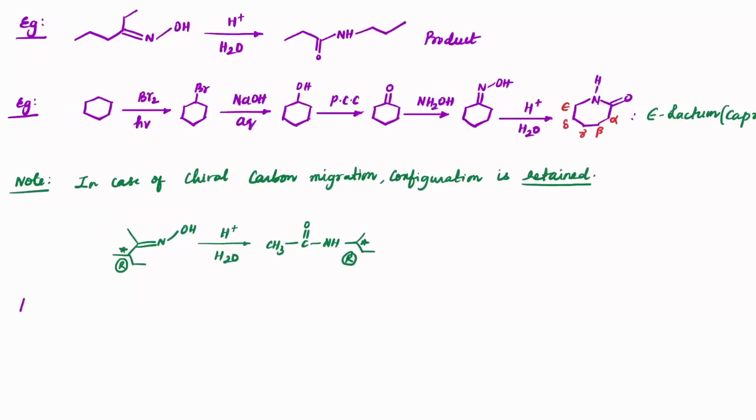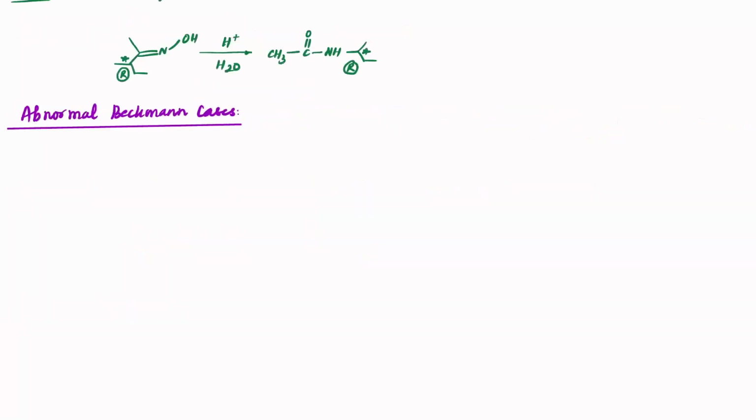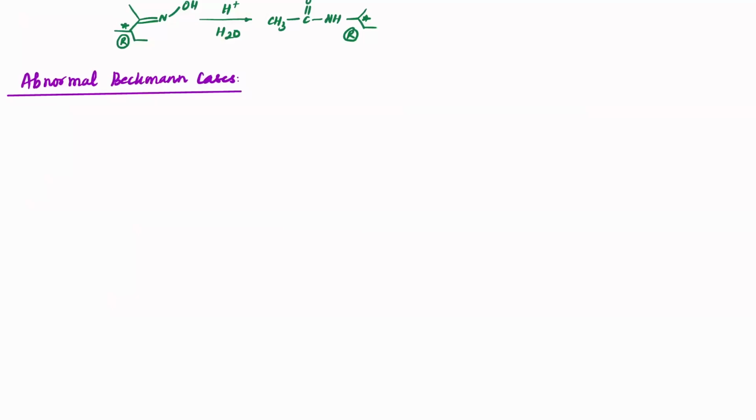Next are abnormal Beckmann cases. So what are these abnormal Beckmann cases? Suppose if you have some adjacent carbon being 2 degree, 3 degree, quaternary, benzyl like that. So in case there is a stable carbocation, let me write down.